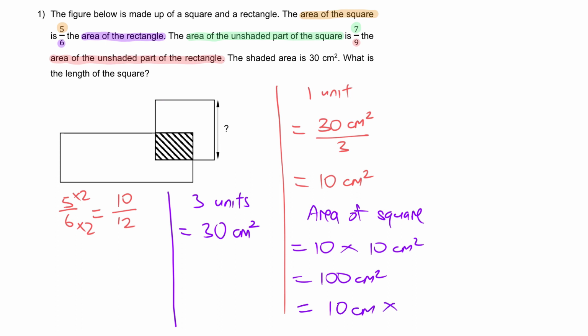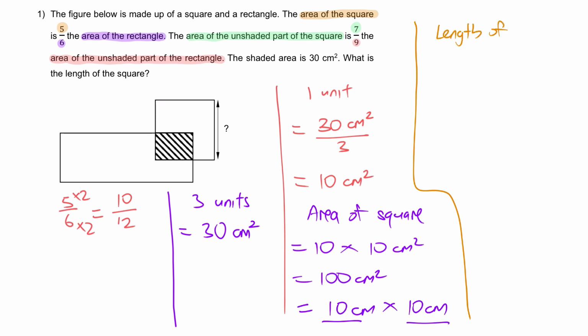The numbers are very nice, but it's okay. 10 times 10. Last step, length of the square is 10.